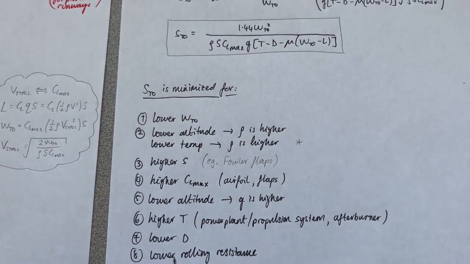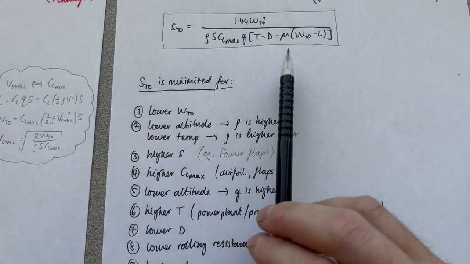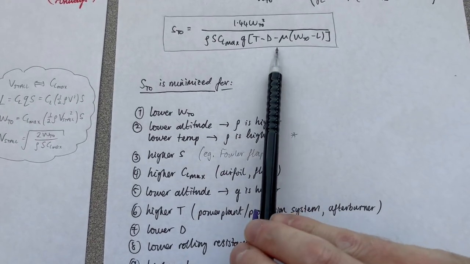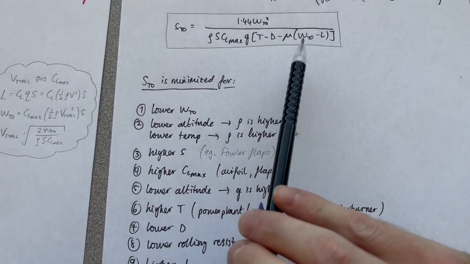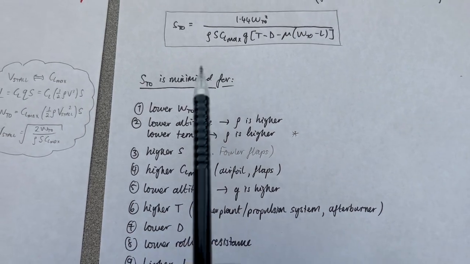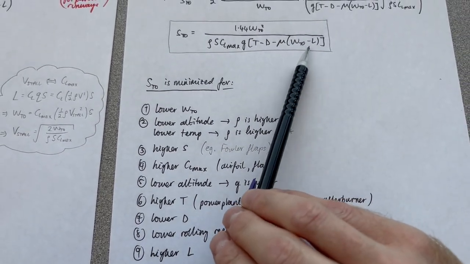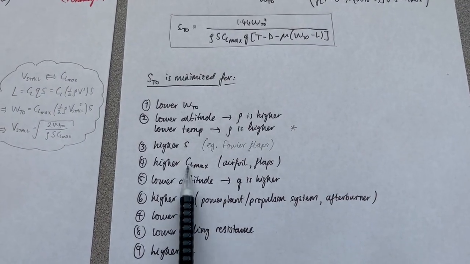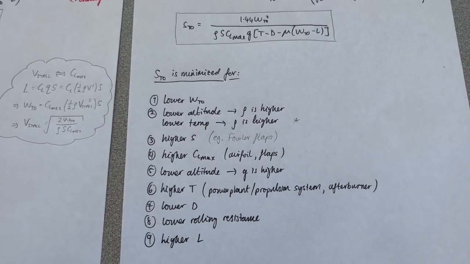Lower drag down in here, and then we've got the rolling resistance term. So obviously if we have a lower rolling resistance, then we can get airborne quicker and in a shorter distance. And then finally a higher lift value in there, which again is tied to this aerodynamic consideration right here and our wing reference area as well.